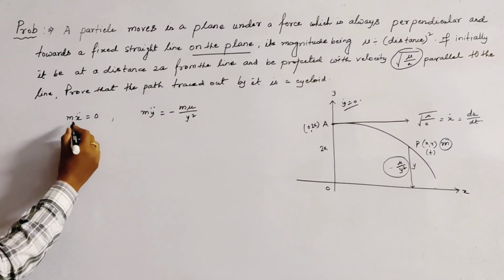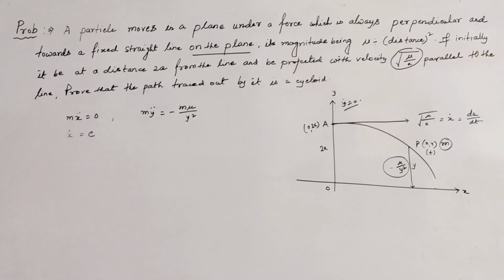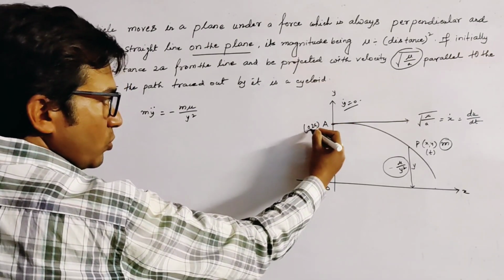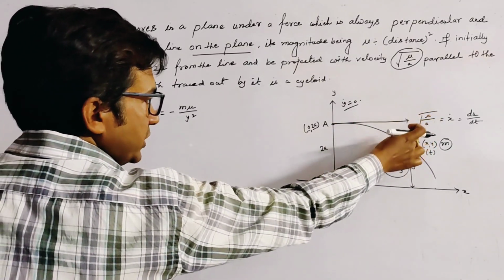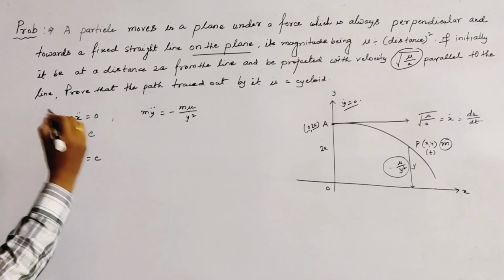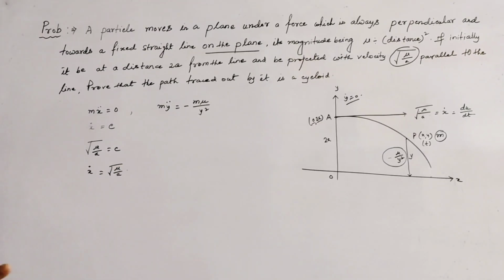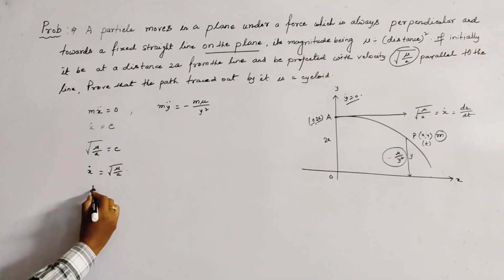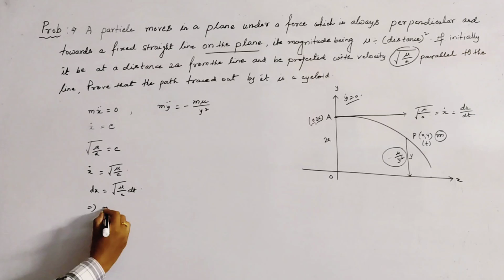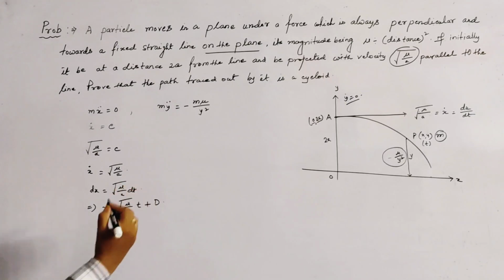So we integrate this relation and get x dot equal to a constant c. If we put the initial condition x equal to 0, y equal to 2a, and x dot equal to root mu by a, we get c equal to root mu by a, that is, x dot equals root mu by a. Now again integrating this relation, we get dx equal to root mu by a into dt, so x equals root mu by a into t plus another integrating constant d.